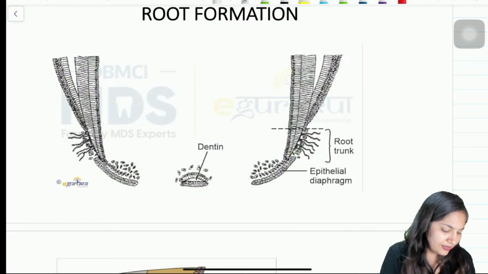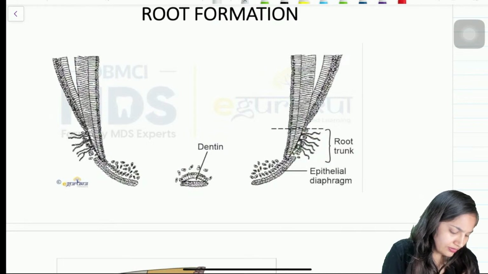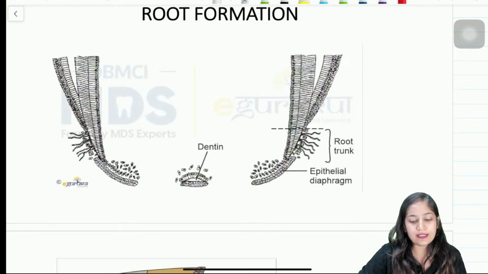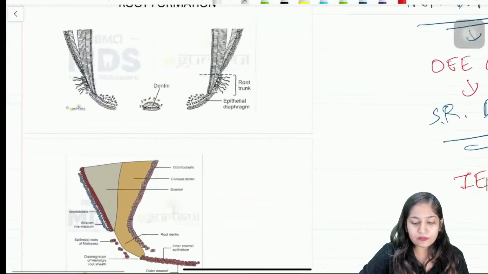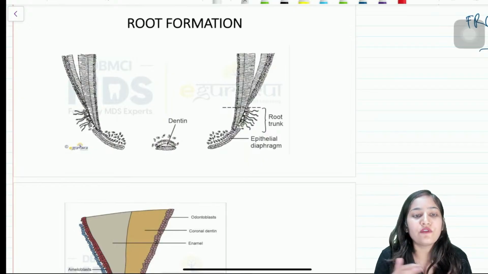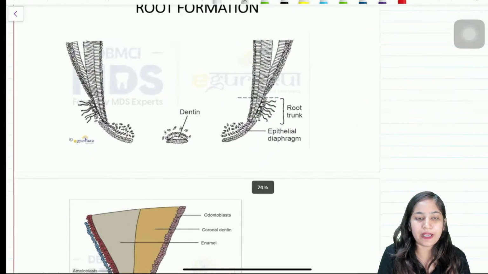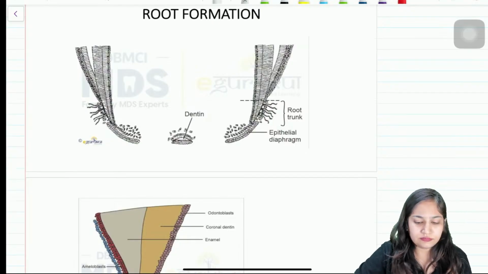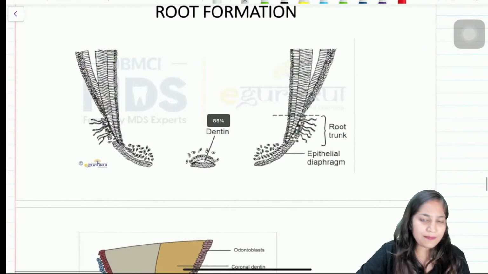Kirti is, okay, 50-50 responses. But we are about to complete, right? We can have root formation, then we can take a break. We are about to complete, right? 10 more minutes.